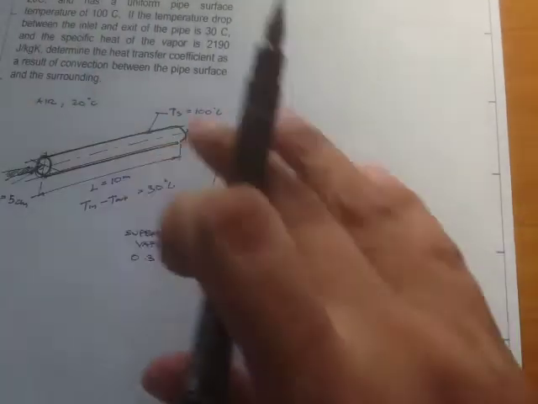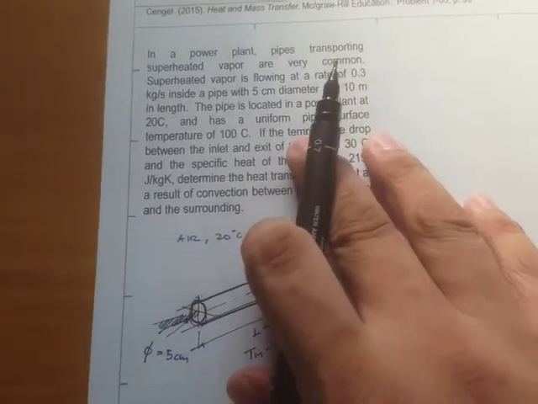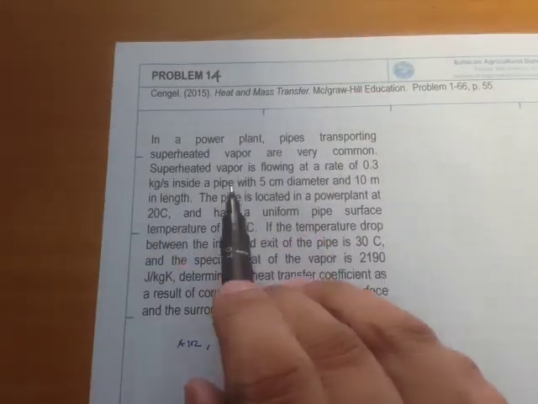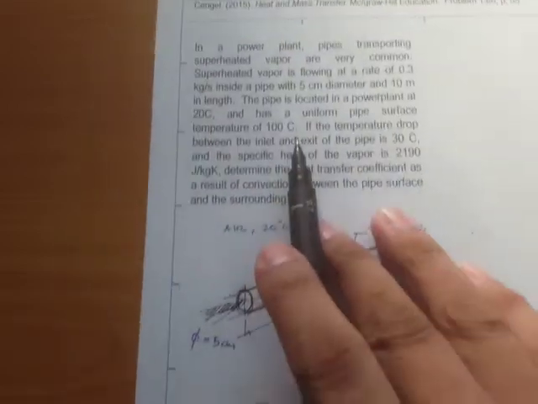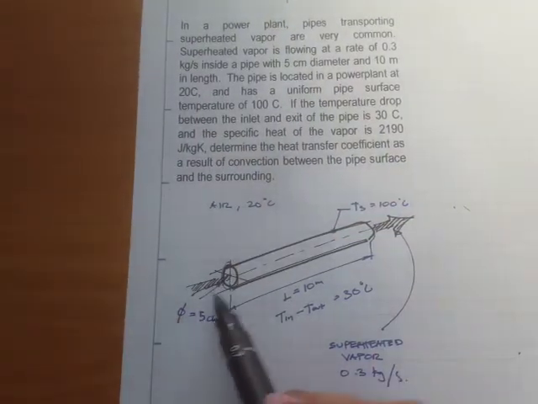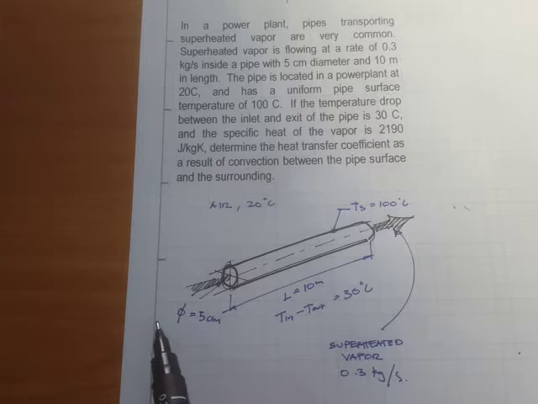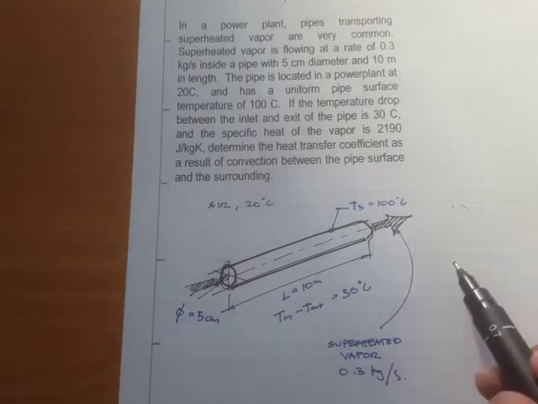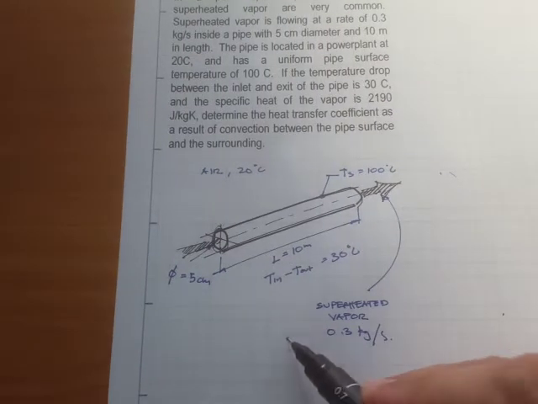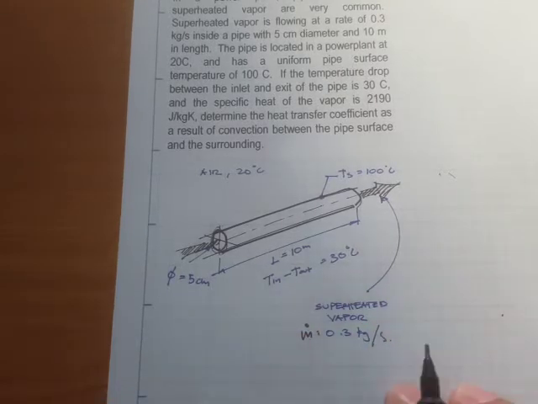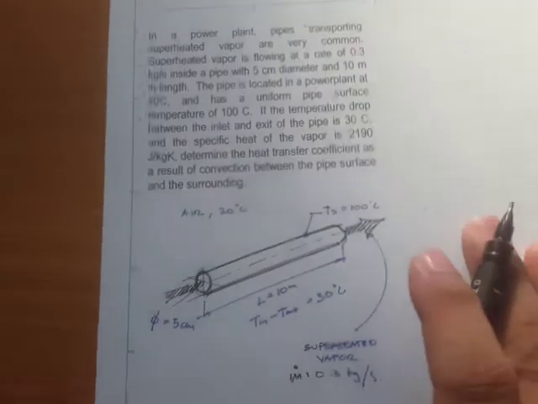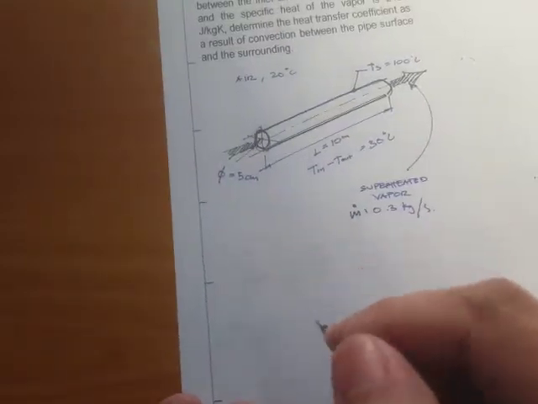So that's what this problem is talking about. Superheated vapor is flowing at a rate of 0.3 kilograms per second. So here's the pipe, and here's our superheated vapor, and rather than the velocity, the mass flow rate, m dot, is 0.3 kilograms per second.